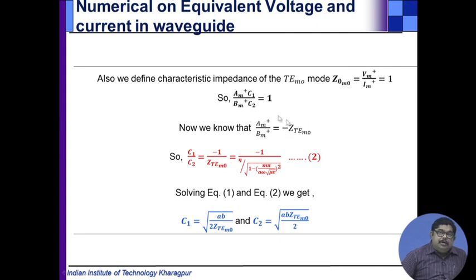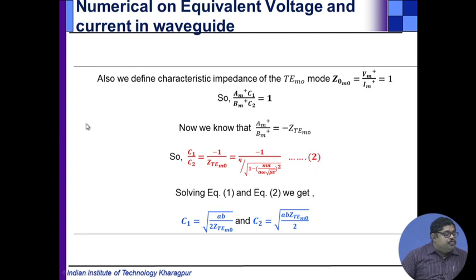Note this minus because of the power flow: Ey and Hx from their standard one should be opposite to each other, so that the power can flow, because y cross x itself is negative, another negative is required, so that the incident wave power flows in the positive z direction. So, if you put this, then C1 by C2 will be minus 1 by eta, eta is the intrinsic impedance, divided by this quantity.